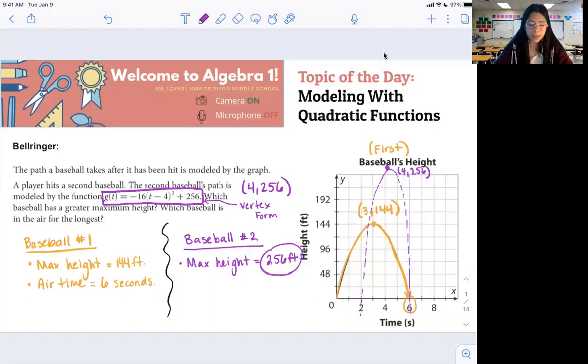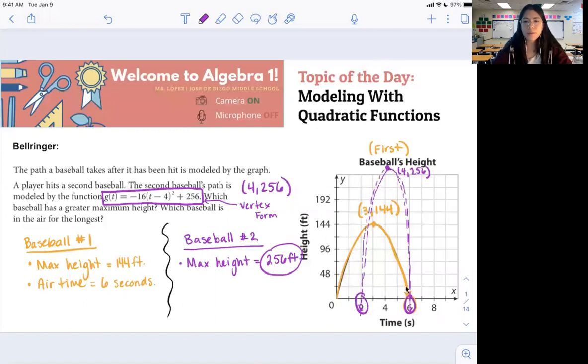The vertex is passing through the axis of symmetry. So I know that whatever the x-intercepts are, they're going to be equally distant from the axis of symmetry. So one possibility is that the two x-intercepts are 2 and 6. Now again, this is a sketch. I don't know for sure, but I'm just taking a little bit of a guess.